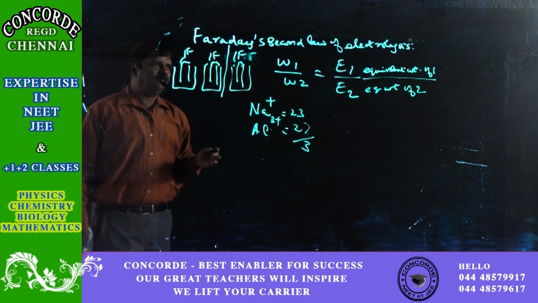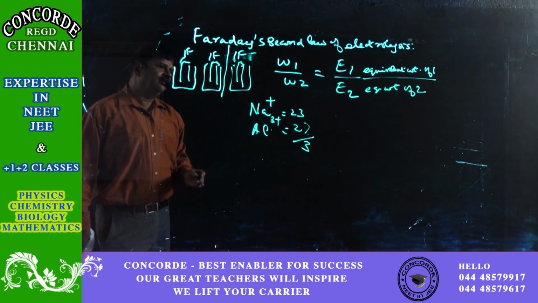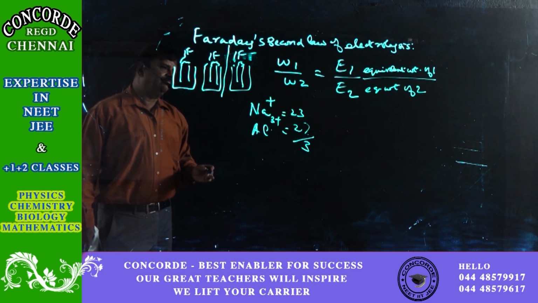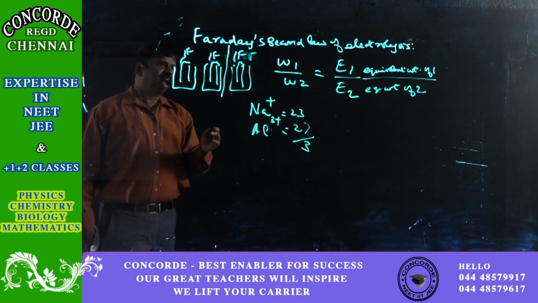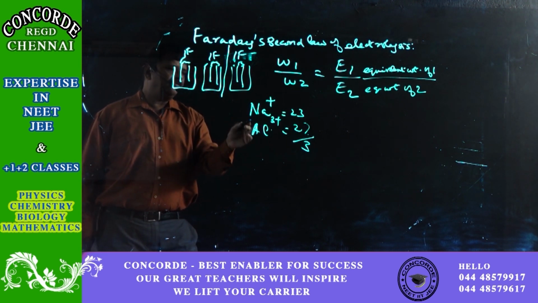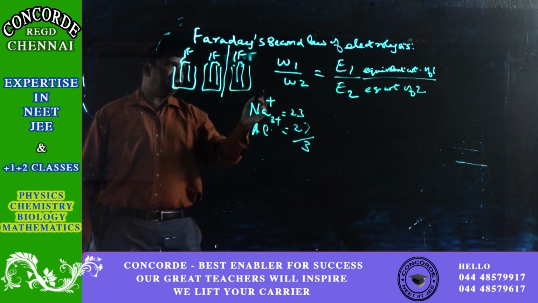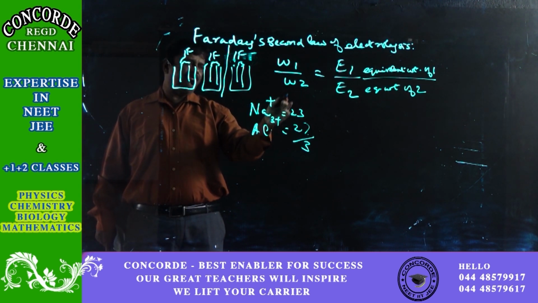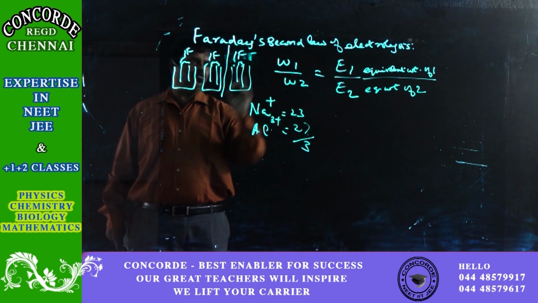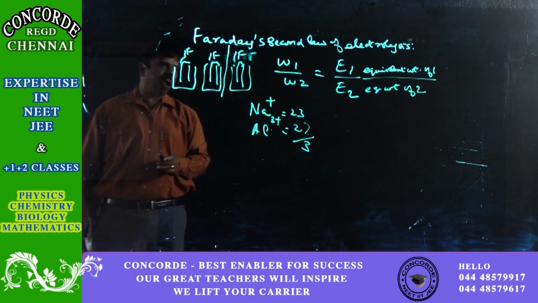This is the second law of electrolysis. It has a lot of commercial applications and is widely used in industries. I hope you understand this concept clearly. There is a relation between equivalent weight and the amount of substance deposited. This is about Faraday's second law.